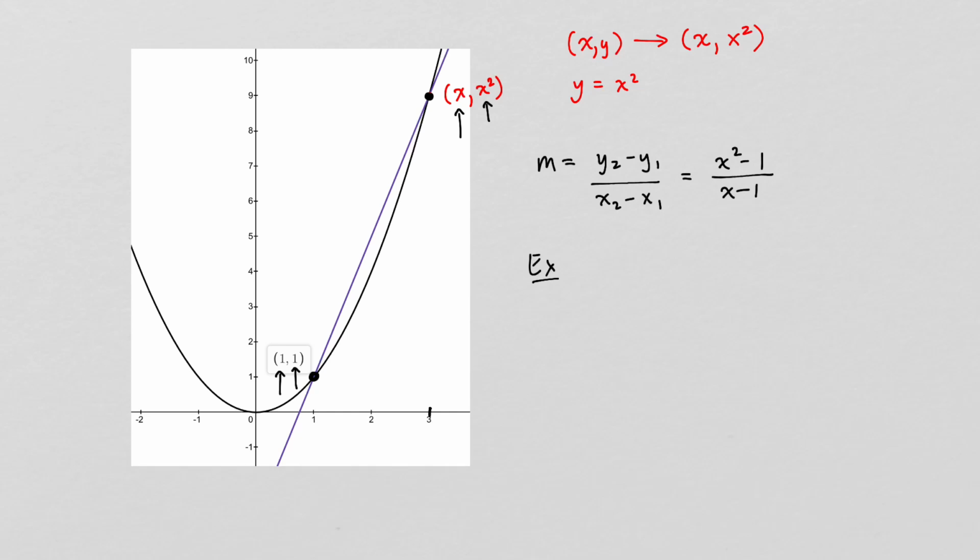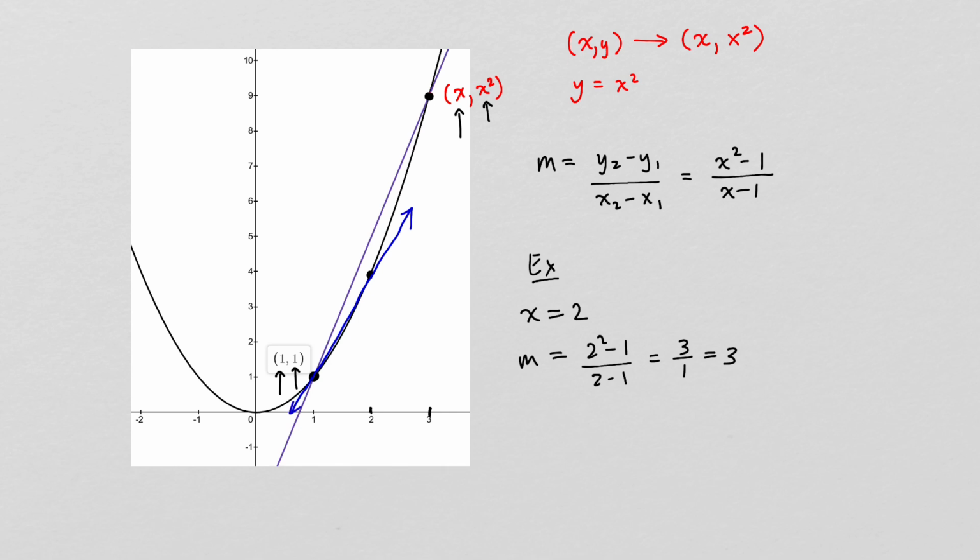And I can do this for any x value. So for example, if x is equal to 2, the slope of the line would be 2 squared minus 1 divided by 2 minus 1. And this simplifies to 3 divided by 1, which is 3. And this would be the slope of the line that corresponds to x equals 2, which is this point on the graph, and then we could graph that line, which would go through those 2 points.